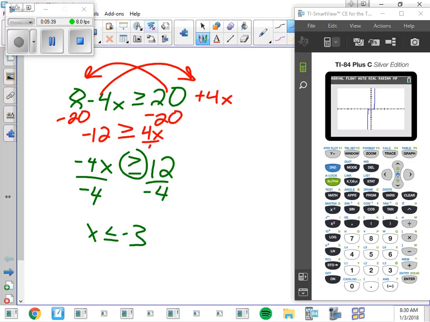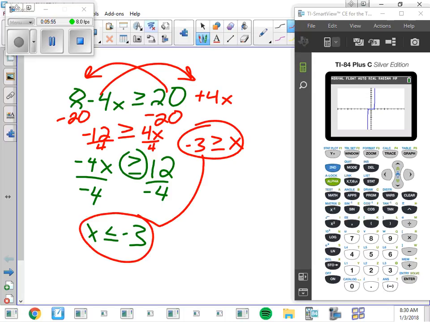And if I divide by 4, then I get negative 3 is greater than or equal to x. Is that the same thing that I got on the other side? Do you see how this and this are the same? Yes? Well, if I hadn't flipped the inequality from here to here, would they match? No. So that's one explanation, but it's not the one that I like.